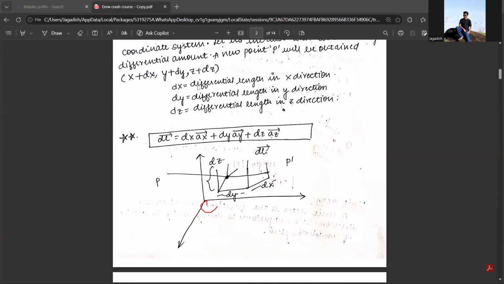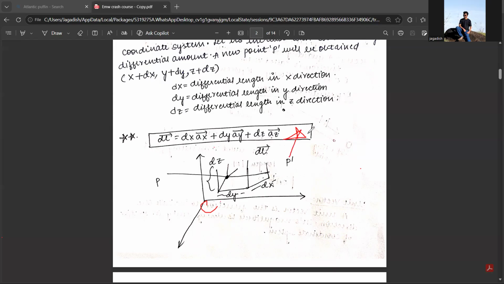For the differential length in the rectangular coordinate system, this is your formula. You have to remember, write down, put 5 stars. dL, the differential length, is equal to dx in ax direction plus dy in ay direction plus dz in az direction.